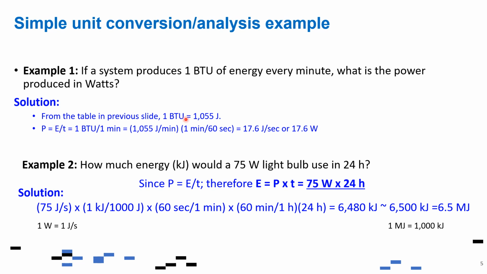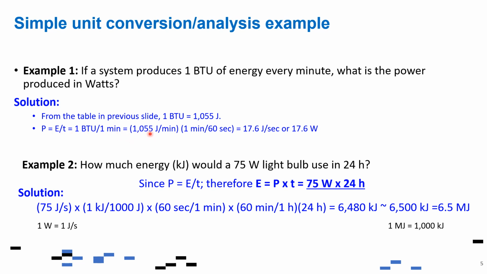And so based on the conversion factor, 1 BTU is equal to 1055 joules, or 1.055 kilojoules. So that is based on the previous slide. As we all know, this is the value of conversion of BTU to joules. So we have energy as 1 BTU, and then time is 1 minute.